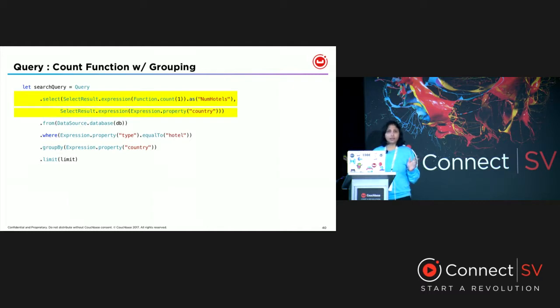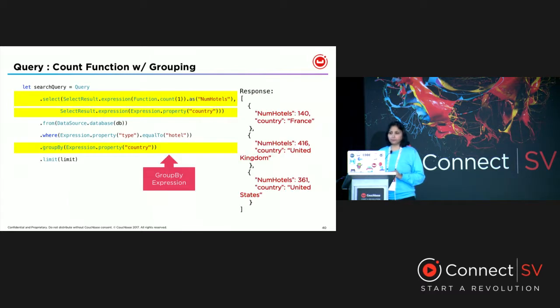So you say, okay, get me the country, and group it by the country property. Your response is going to be something like this. So in my data set, I've got hotels which are located in France, United Kingdom, and United States. And this is the distribution of the hotels in those 3 countries.